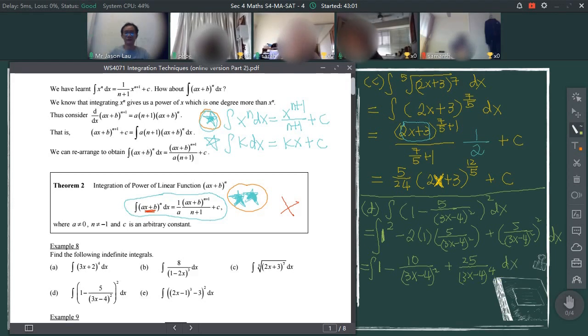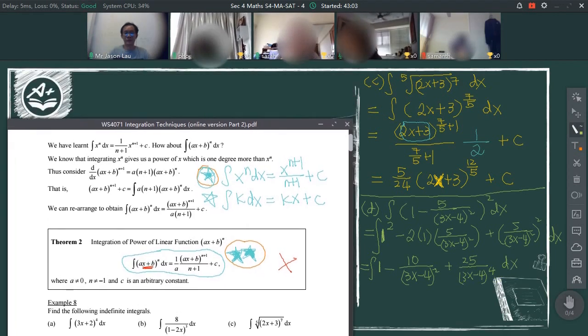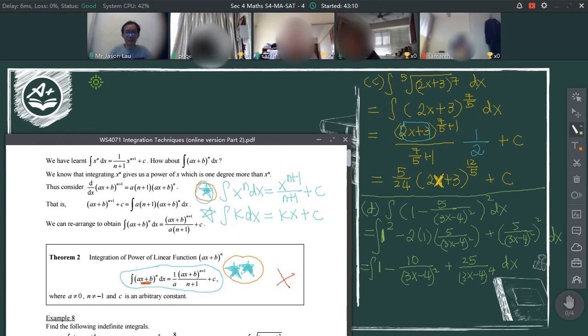So far get it? Okay. Then after that, we are going to make it into index form. Bring all the terms up with the negative power.